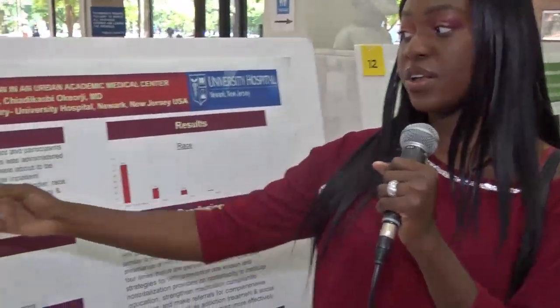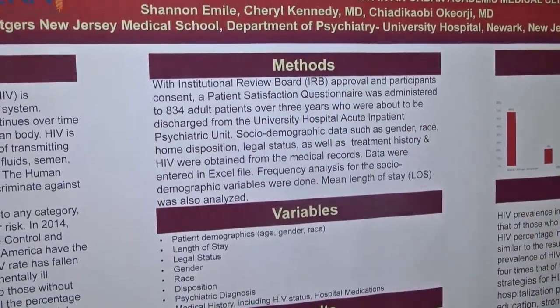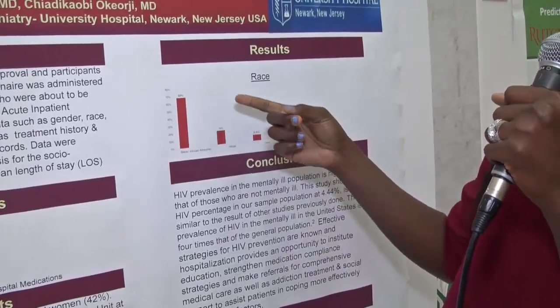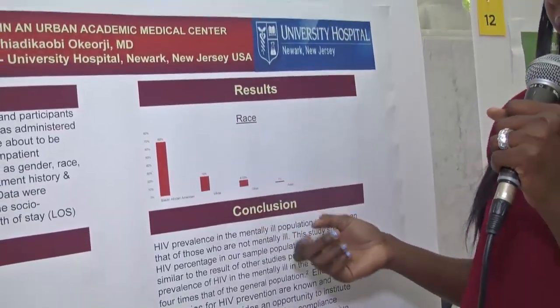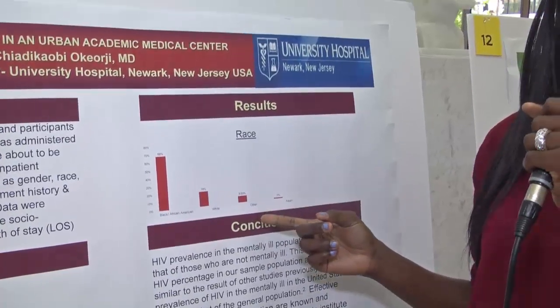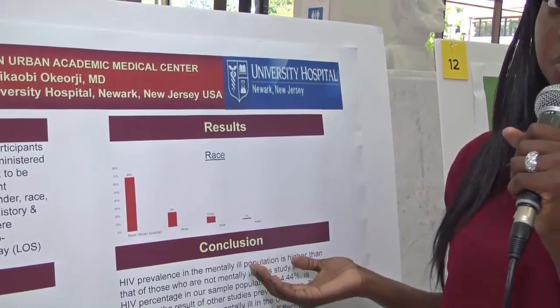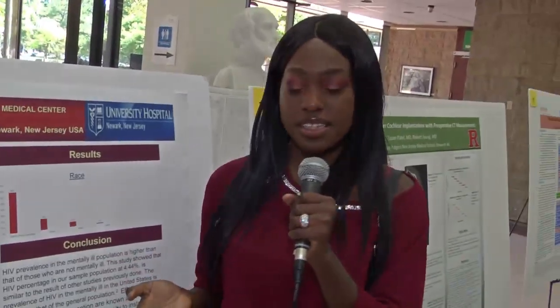And because we're in Newark, out of the 834 patients that we actually interviewed, you will notice that there's an increase in African Americans, where there's 68% of African Americans out of the total, and 19% of whites. And other is classified as Hispanic, so there's 8.5% of Hispanics and 1% of Asians were taken as the count of the total race.